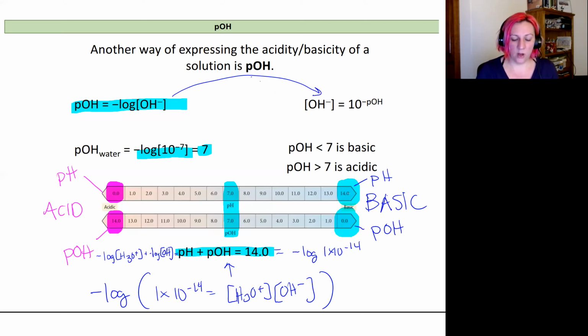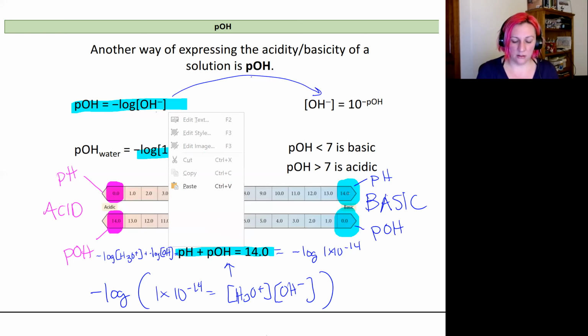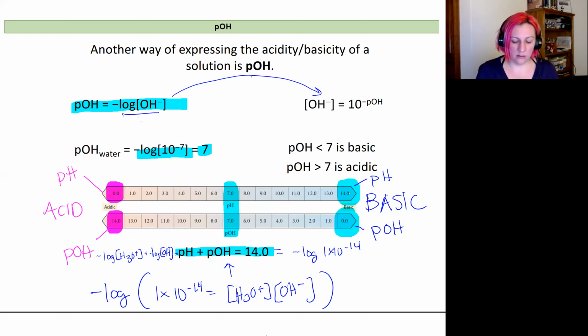So if I want to do the algebraic opposite and isolate hydroxide ion, what I really need to do is first get my negative onto the other side. So I'm going to divide everything, or multiply it, either way, by -1. And so I'm going to have negative pOH is equal to the log of my hydroxide ion concentration.